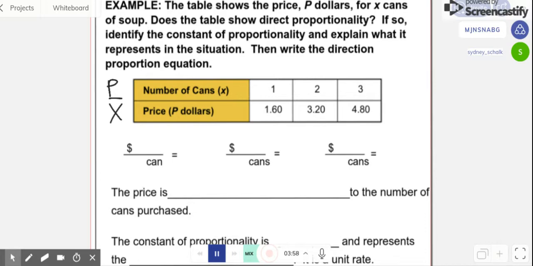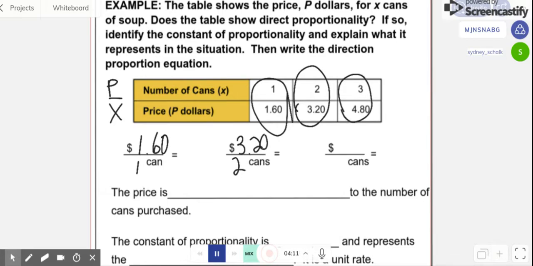We have $1.60 per 1 can. We have $3.20 per 2 cans, and we have $4.80 for 3 cans. Well, when we find the ratio of each of those, we get $1.60 per can.